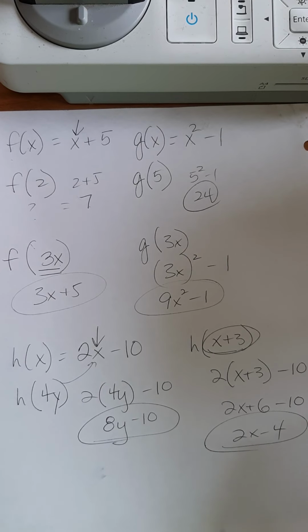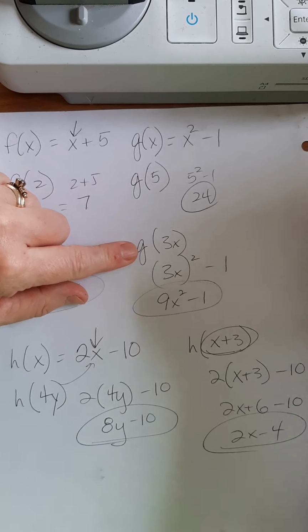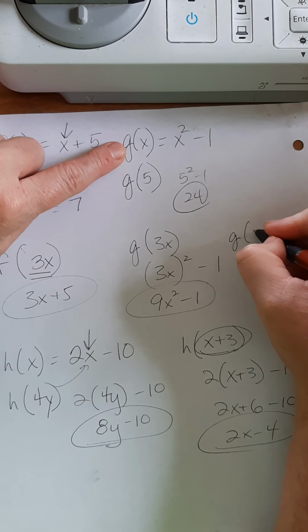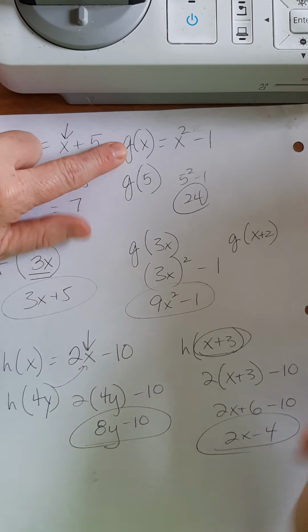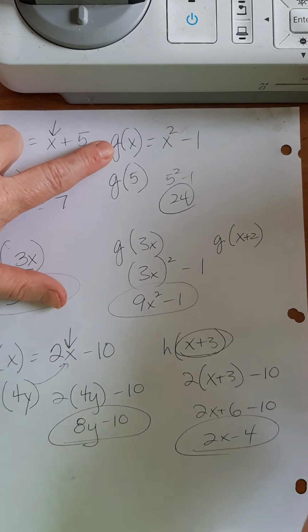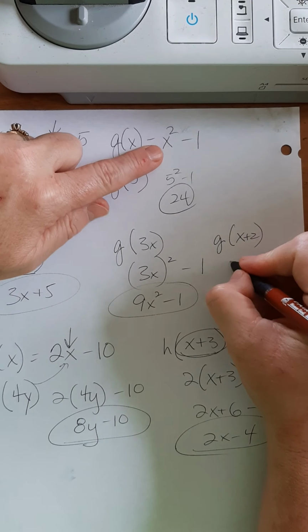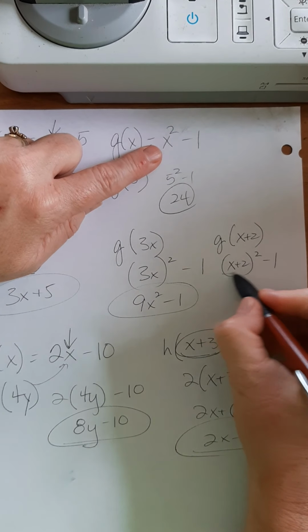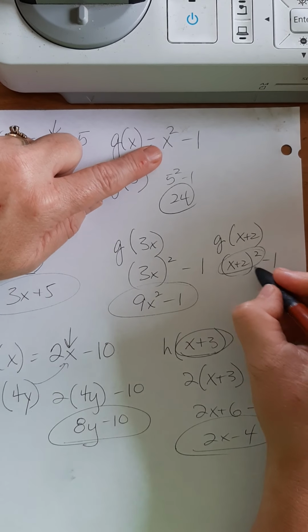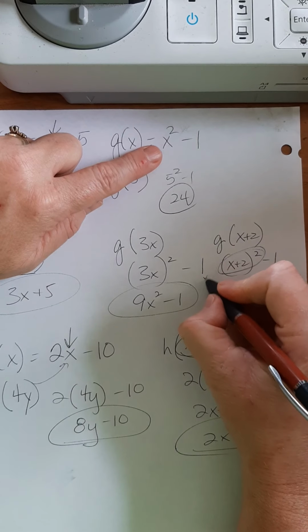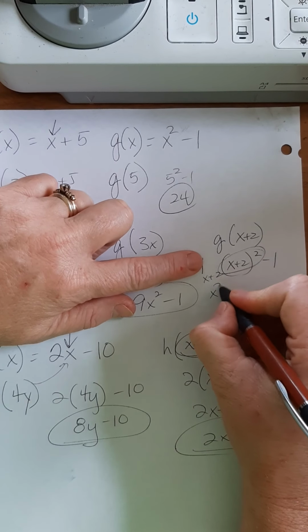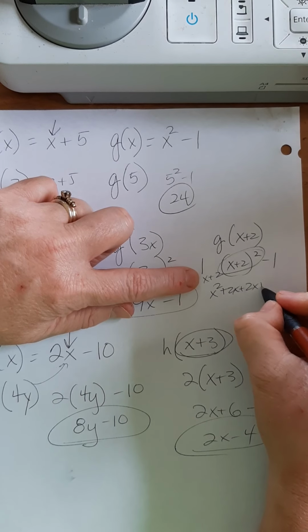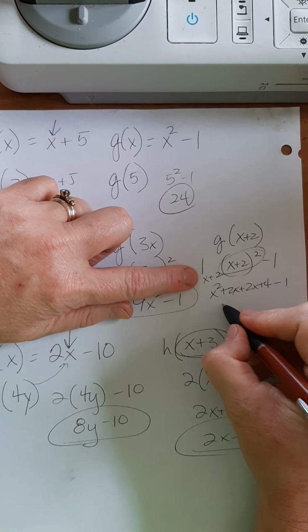Now you do have to be careful on those, because let's say that I wanted to find g of x plus 2. Notice how since it's squared, that means the FOIL method. So (x plus 2) times (x plus 2), x squared plus 2x plus 2x plus 4, or you could do the shortcut.